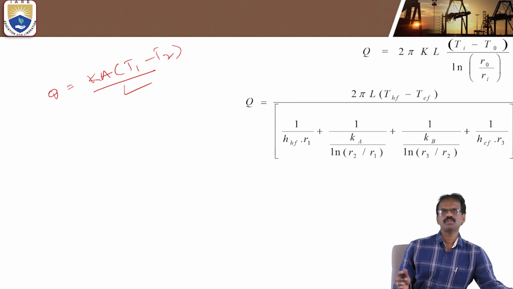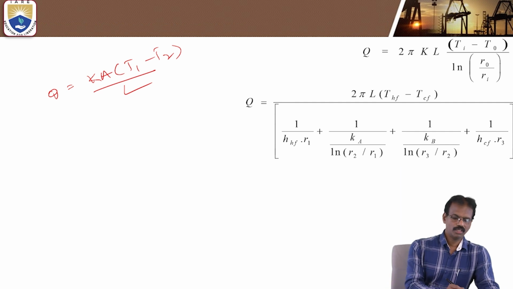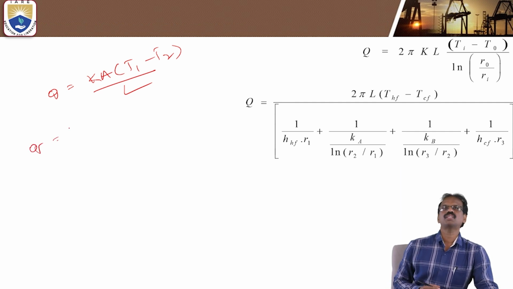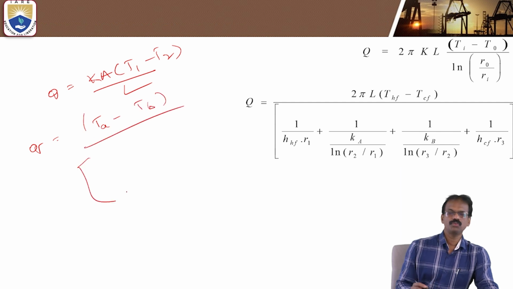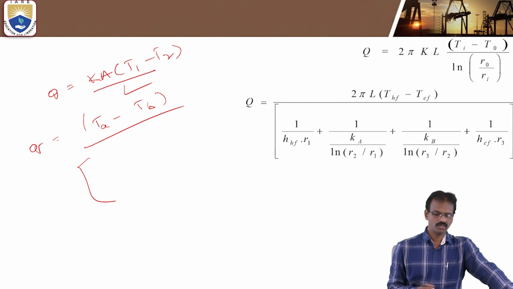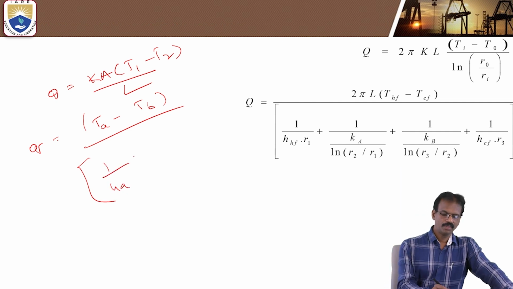Suppose there are many layers; we already discussed the rate of heat transfer in composite slabs. If you take two layers, then Q is equal to the initial temperature Ta minus Tb, divided by, if you consider the convection process also, 1 by Ha plus L1 by K1 plus L2 by K2 plus 1 by Hb.